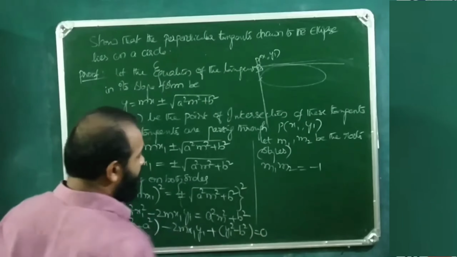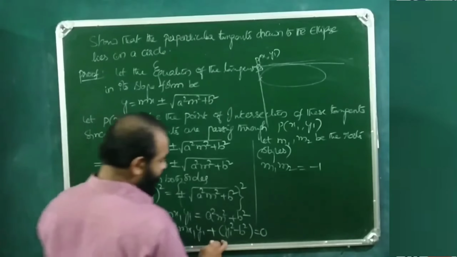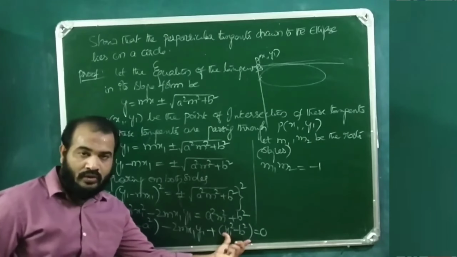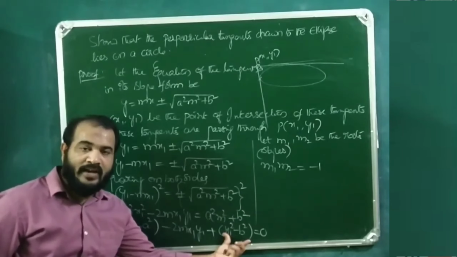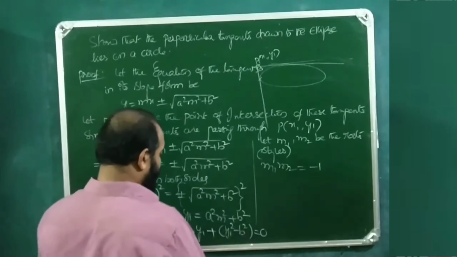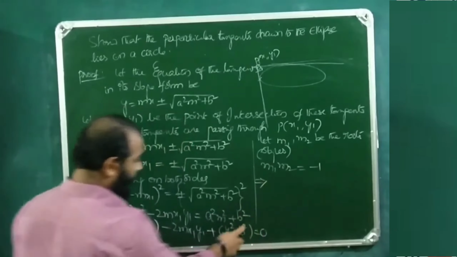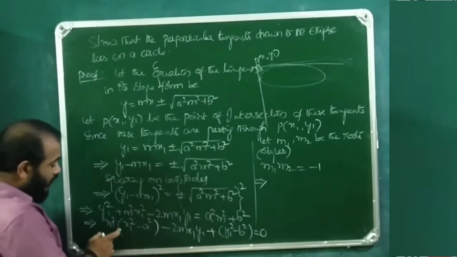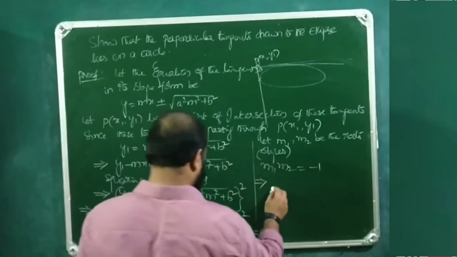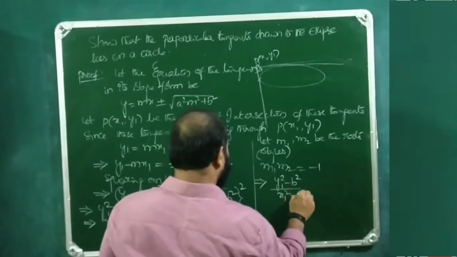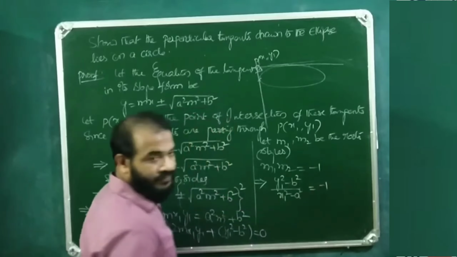So what is m1 m2? For ax square plus bx plus c equals 0, the sum of the roots is minus b by a and the product of the roots is c by a. So m1 m2 equals the constant term by the m square coefficient: (y1 square minus b square) by (x1 square minus a square) equals minus 1.